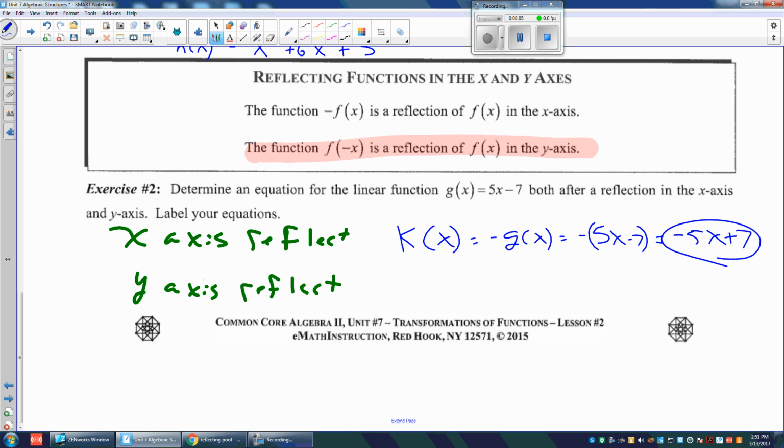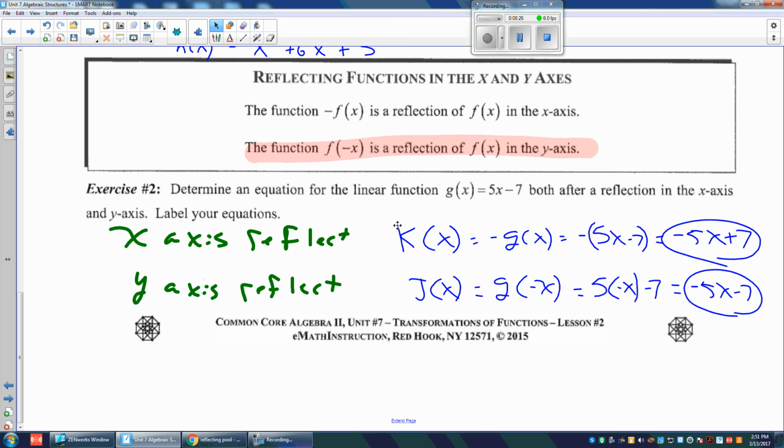Y-axis reflect, j of x equals g of negative x, which is 5 times negative x minus 7, which is just negative 5x minus 7. Okay, that finishes it for the first page.